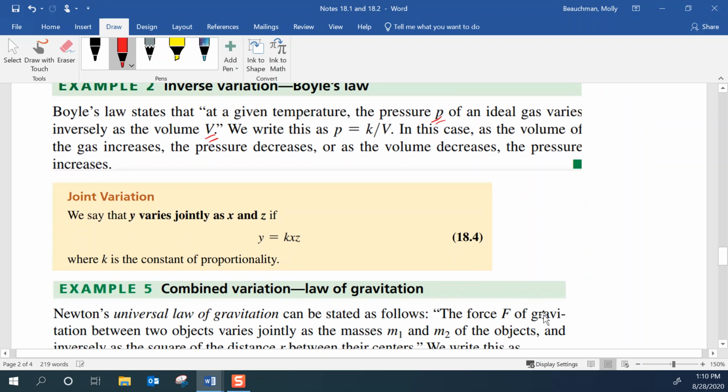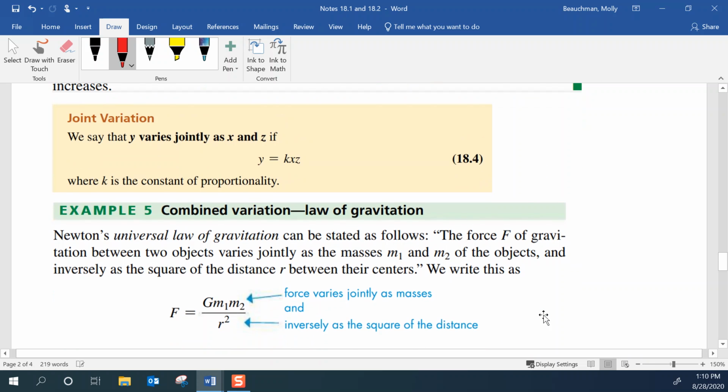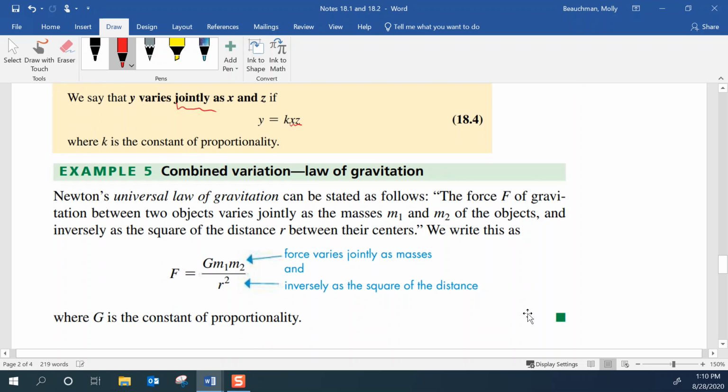Okay, so that's inverse variation. Joint variation is if you have more than one thing acting at the same time. So y varies jointly as x and z if y equals k times x times z. This time you have two things. k is still the constant of proportionality. An example is the law of gravitation.